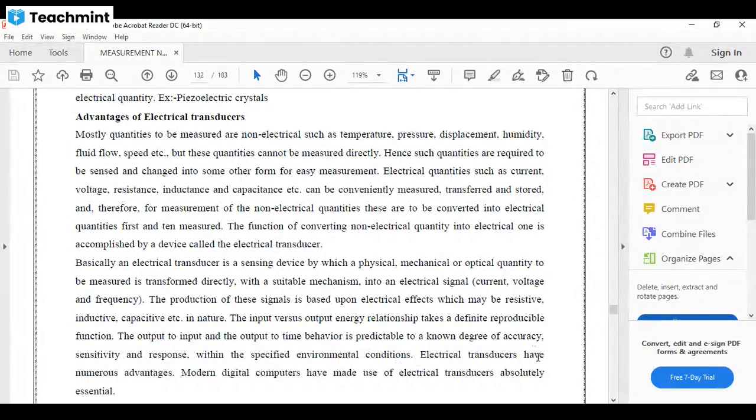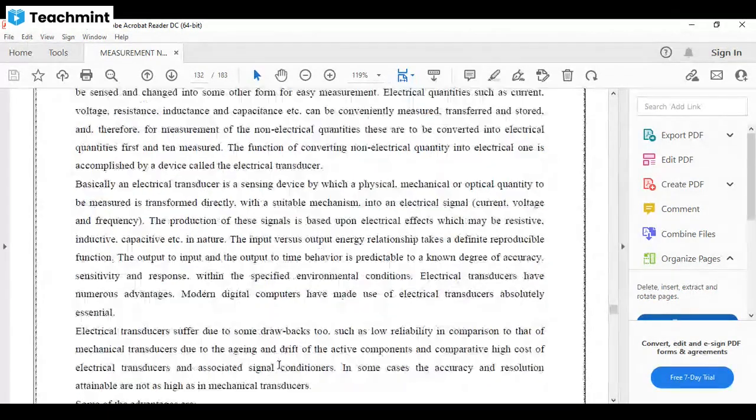Electrical transducers have numerous advantages, so the modern computer has made the use of transducers absolutely essential.